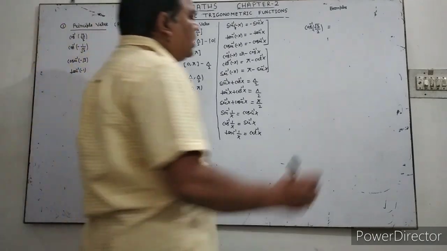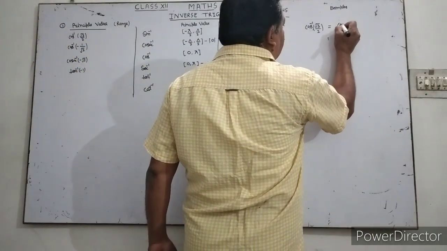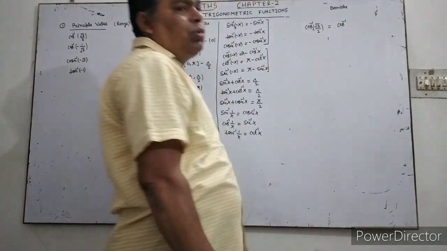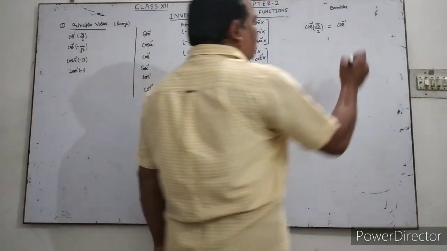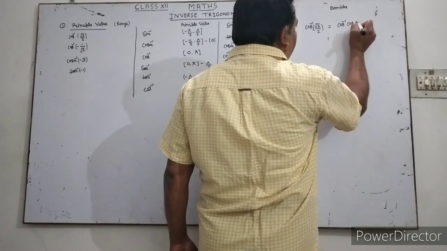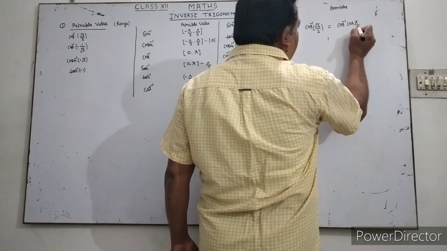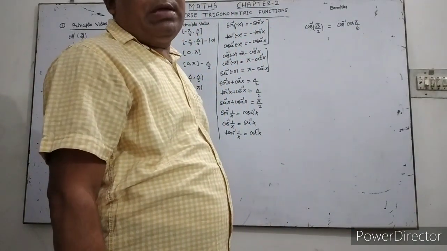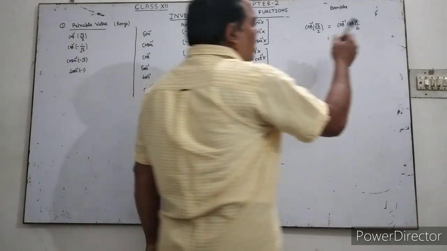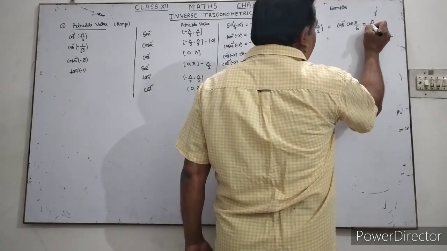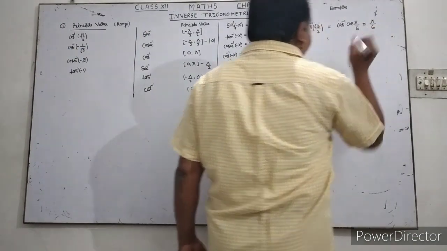In place of root 3 by 2, you write cos pi by 6, that is, cos 30 means cos pi by 6. Cos inverse of cos pi by 6 is pi by 6.